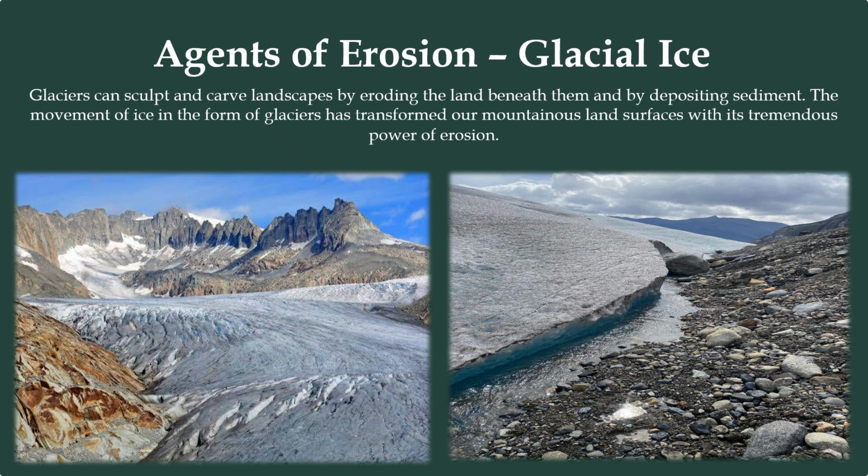Glacial ice is another agent of erosion, which sculpts and carves landscapes by eroding the land beneath them and by depositing sediments. The movement of ice in the form of glaciers has transformed our mountainous land surface with its tremendous power of erosion.